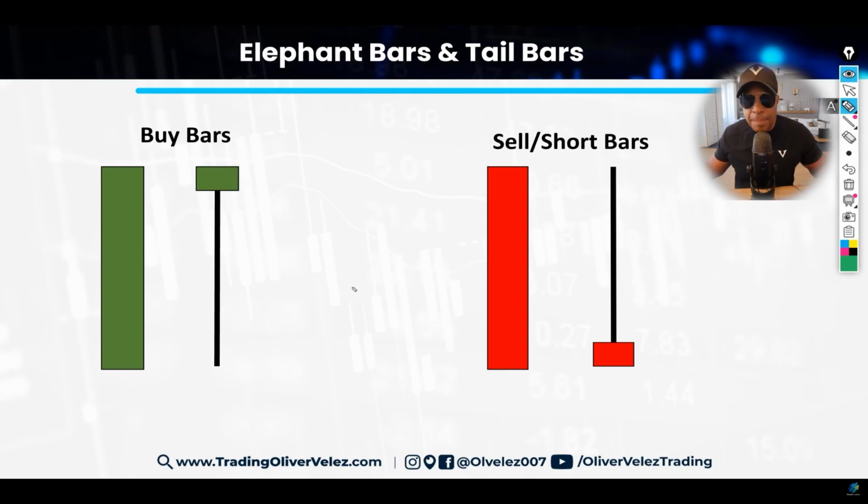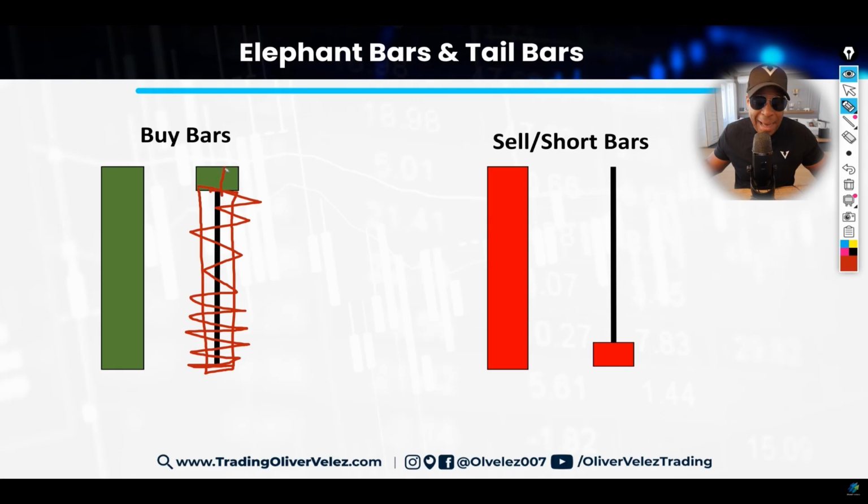But in reality, a tail bar is also big money at play, because this bar at one point was red. This bar was red, and the red got eaten up, eaten up, eaten up, and then it went past the red to produce green.